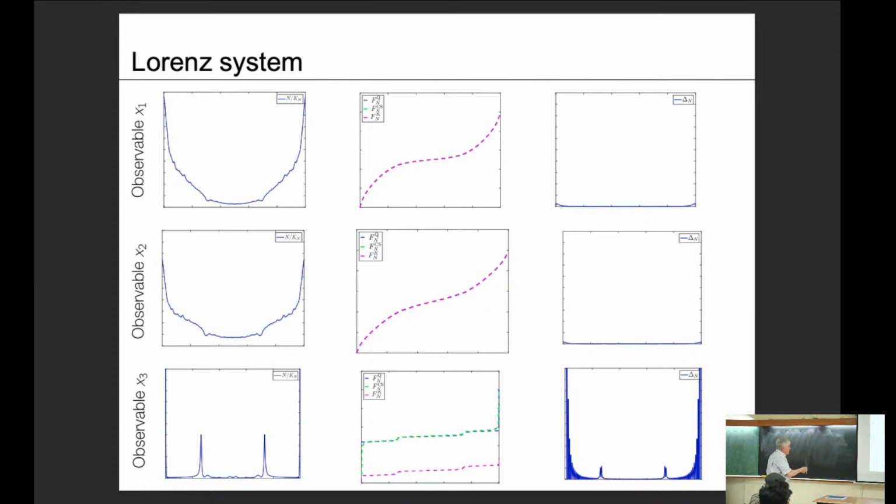And here you see that if you take different observables, so the different coordinates in the Lorentz system, you see immediately that for the third coordinate, there is a big gap between the absolute continuous part and the full measure. So there exists singular continuous spectrum. You can see for sure. And so on.